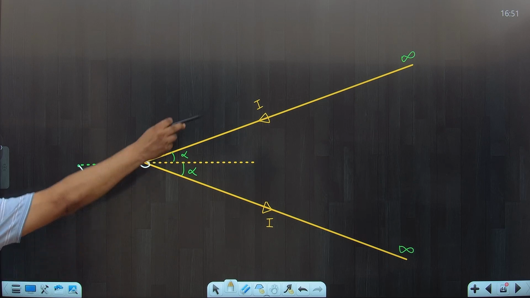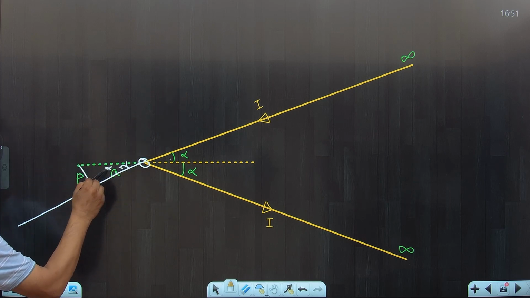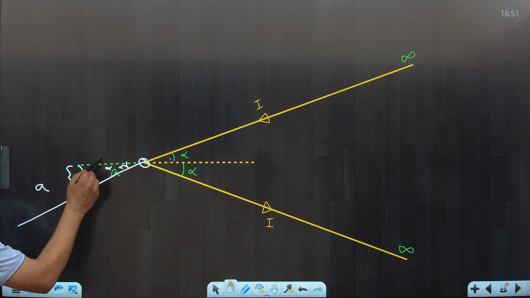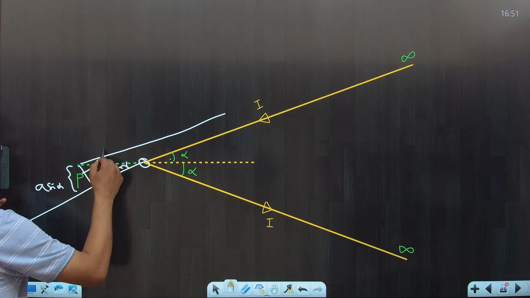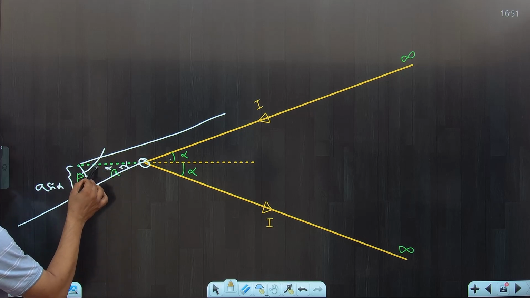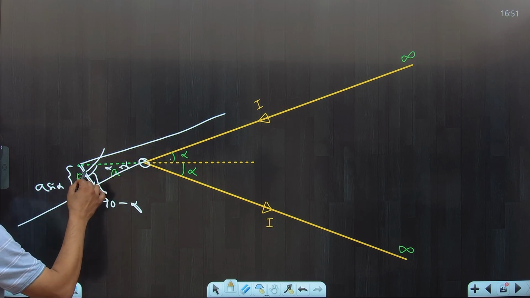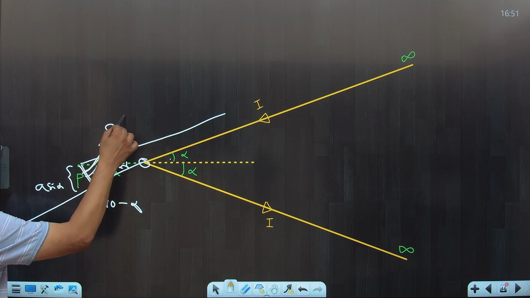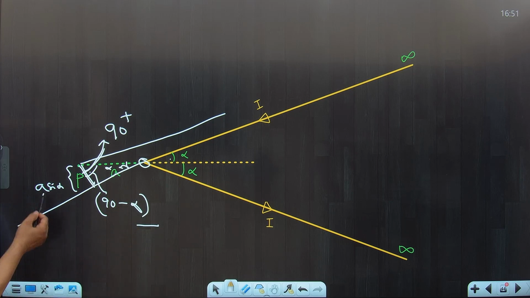This end is here, that end is there, and this angle is alpha, this is also alpha. So this length will be A sin alpha, right? And that end is making an angle of 90 degrees, and this end is making an angle of 90 minus alpha. Both are on the same side of the perpendicular. So if 90 degrees is taken as positive, then this will be taken as negative. And D is A sin alpha.